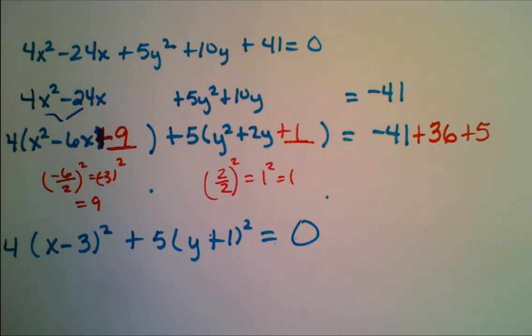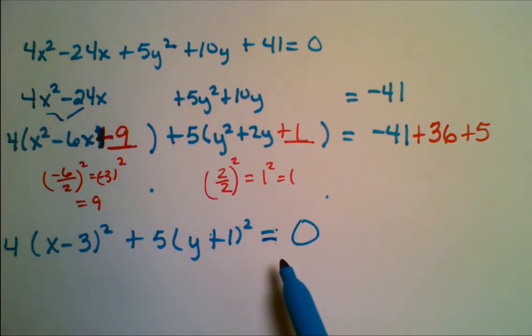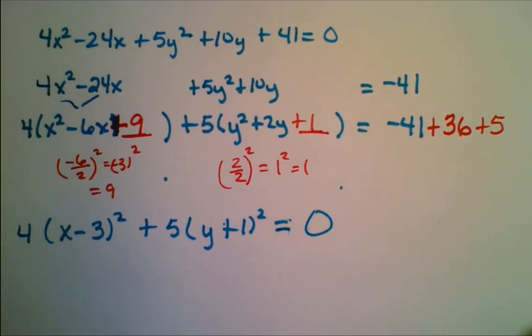Okay. And if you notice, whenever we have an equation such as this, we haven't come across one where the solution is equal to 0. So I know it's not a hyperbola, it's not a parabola, it's not an ellipse, and not a circle.